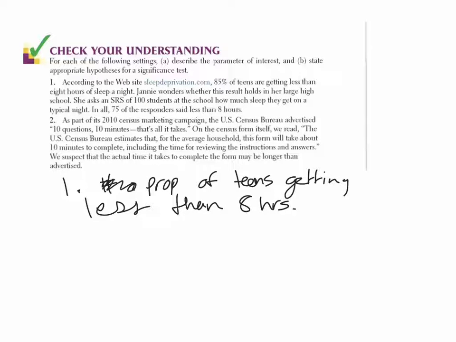That's the parameter that we're interested in. How many teens in the world, in the United States, whatever, are actually getting less than 8 hours? Then our hypothesis statements are going to be this.